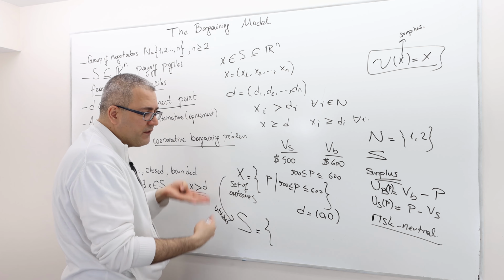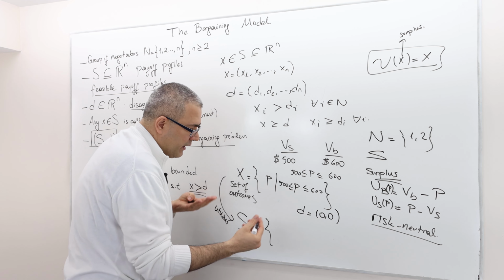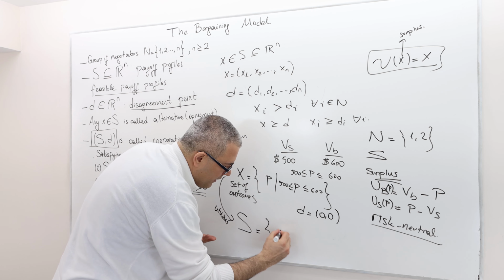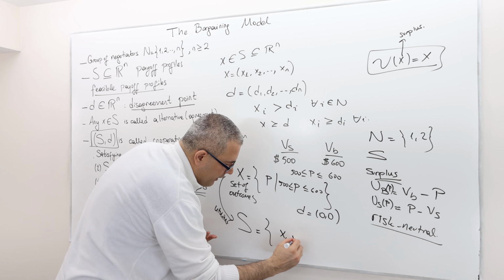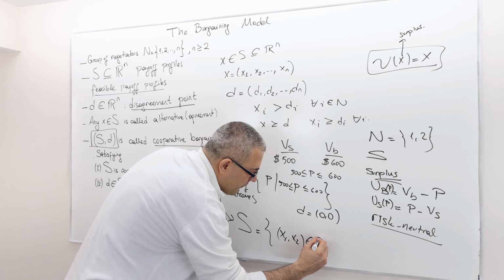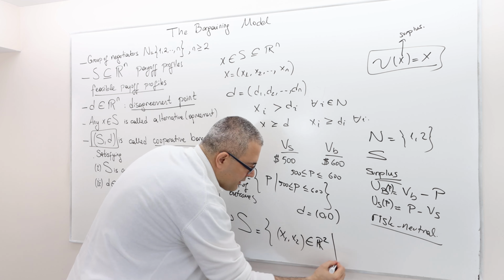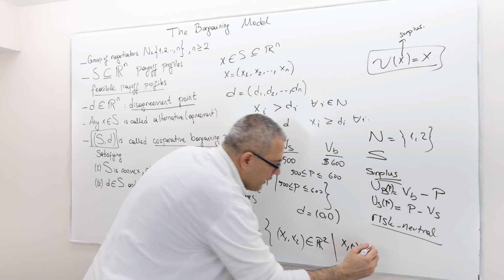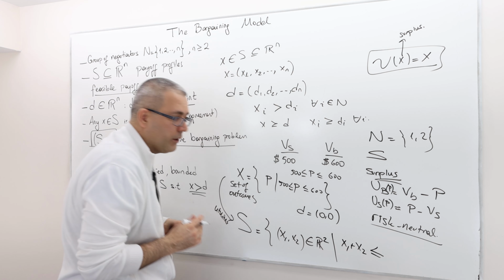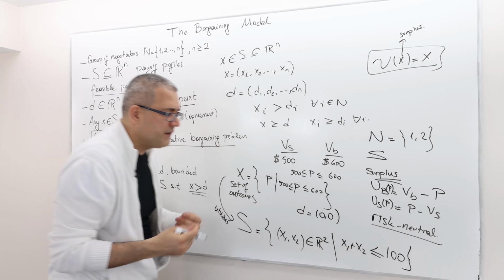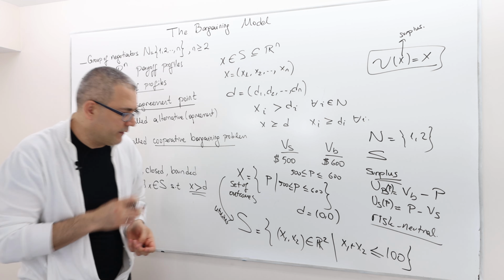So therefore, the set of feasible payoffs is, let's denote it as follows: (x1, x2), right? Because there are two players, such that x1 plus x2 is less than or equal to 100. Why? Because remember, this is the total surplus they could get.